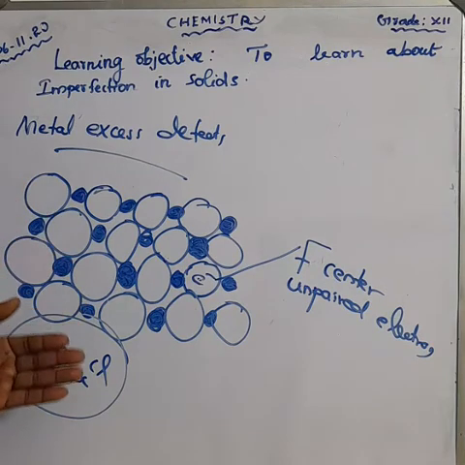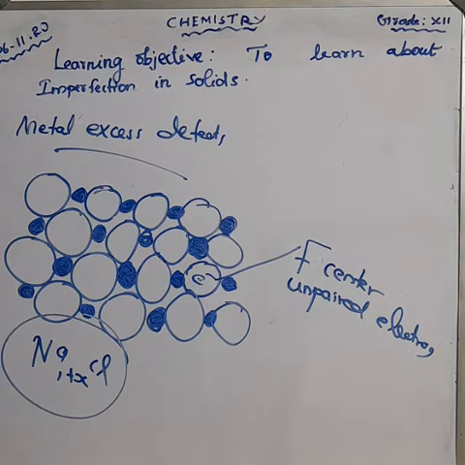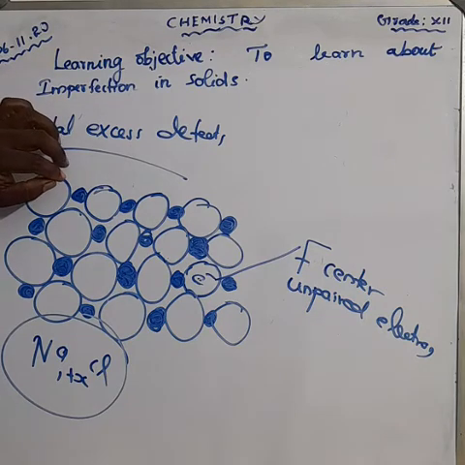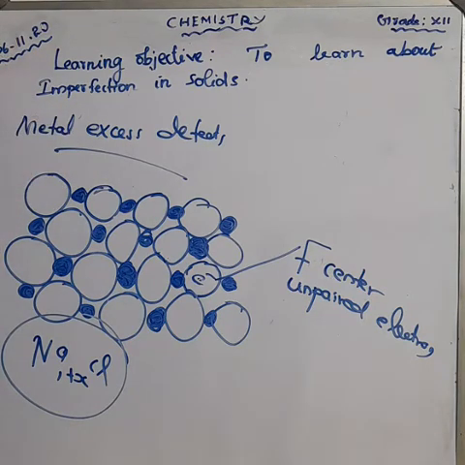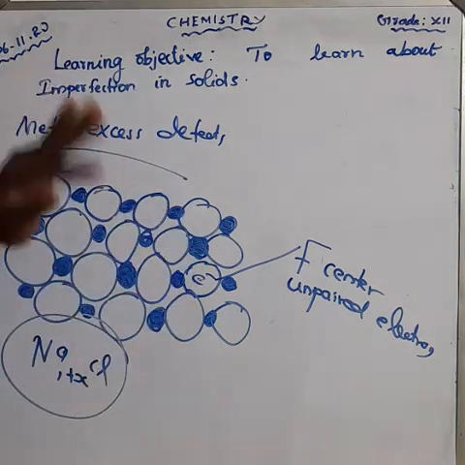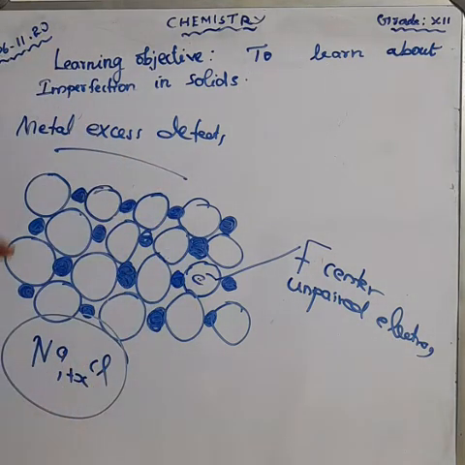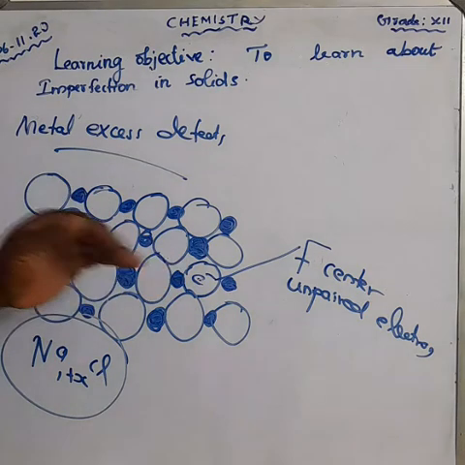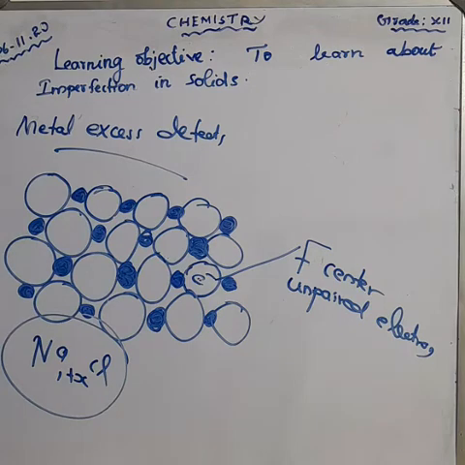Here, the example of the sodium chloride crystal: the crystals are heated in the presence of sodium vapor, and Na plus ions are formed and deposited on the surface of the crystal. The chloride ions diffuse to the surface from the lattice points and combine with Na plus ions.